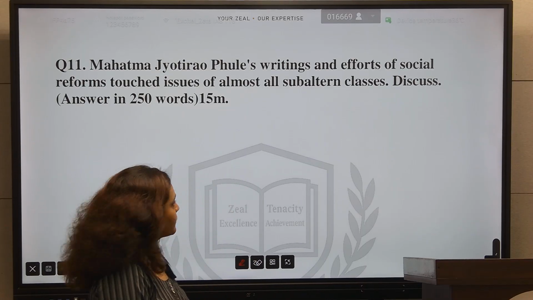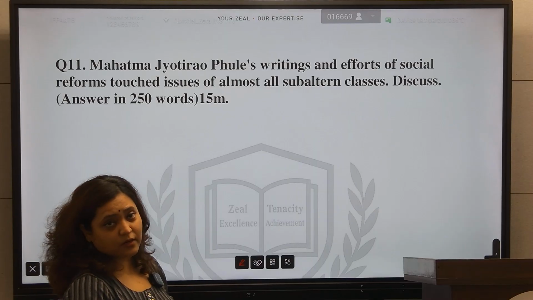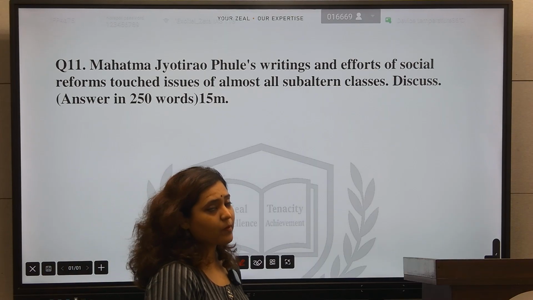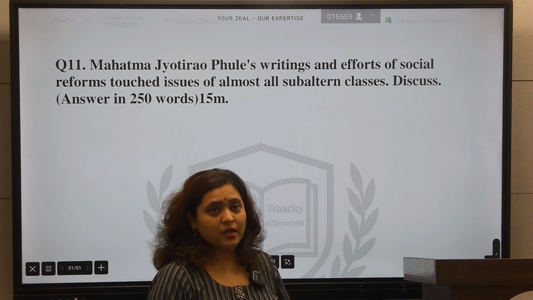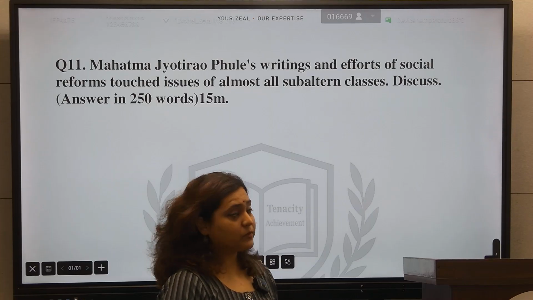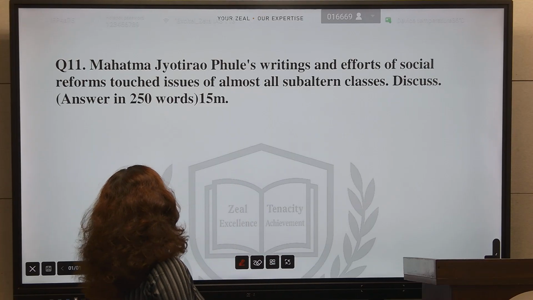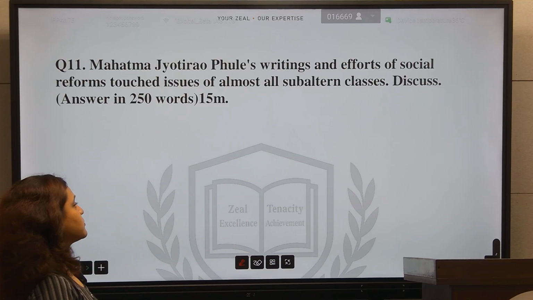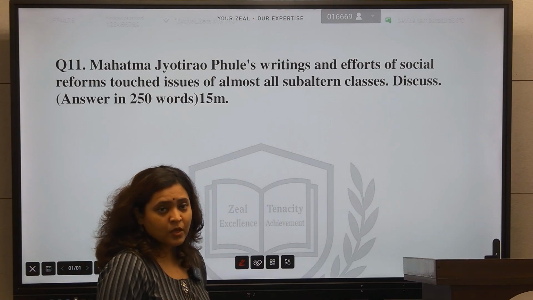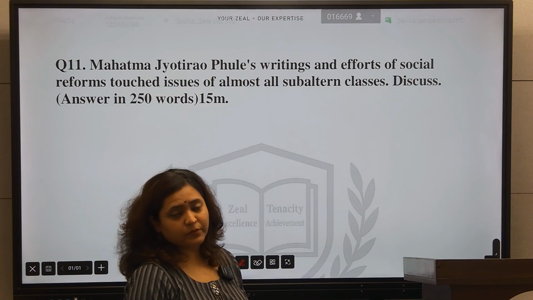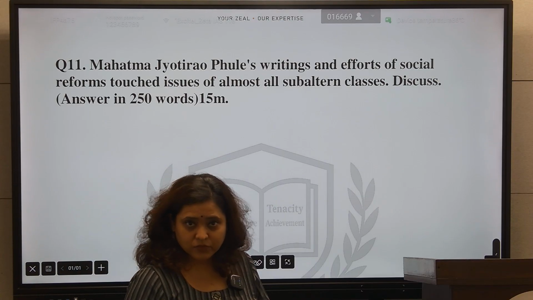If you remember his books, his efforts, his work, you will be able to write this answer. So, who was Mahatma Jyotirao Phule? He was a great social reformer who worked relentlessly for the upliftment of the subaltern classes.